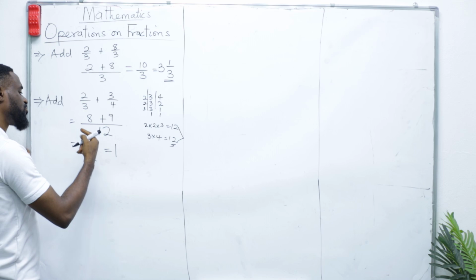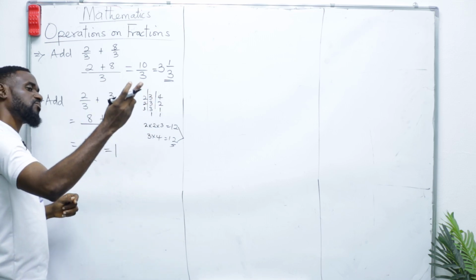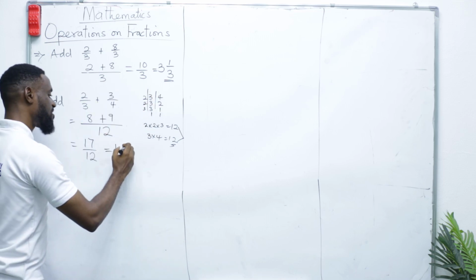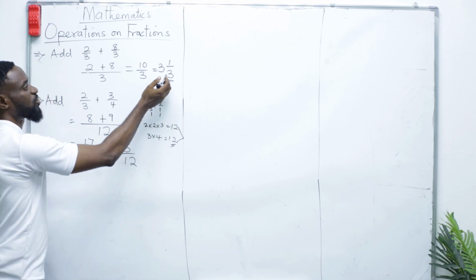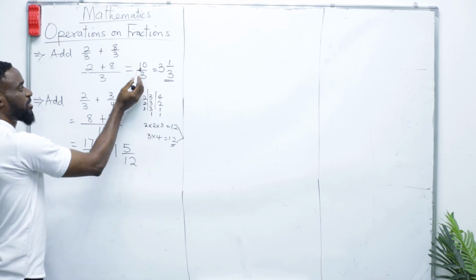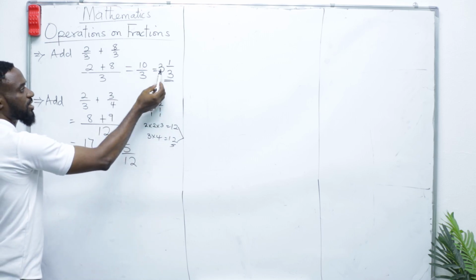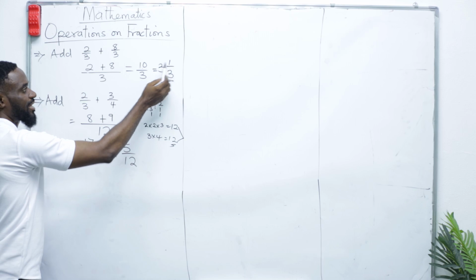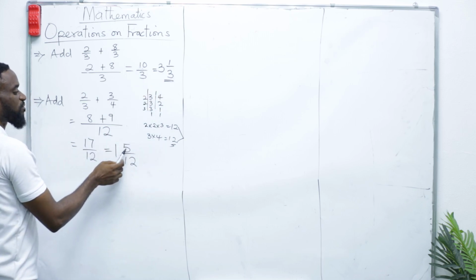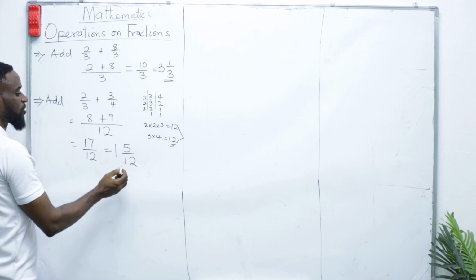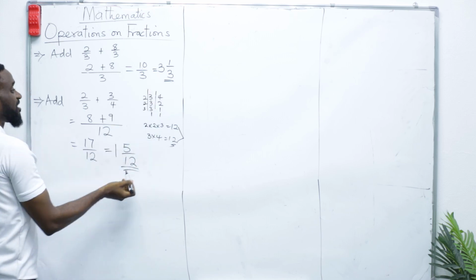What will be left between 12 and 17? 13, 14, 15, 16, 17. So 5 over what? 12. You can also convert this to this. Okay? 3 times 3 is 9 plus 1, 10. That is this 10 over 3. Here, 12 times 1 is 12 plus this 5, that is 17 over 12. So this is the answer of this one.